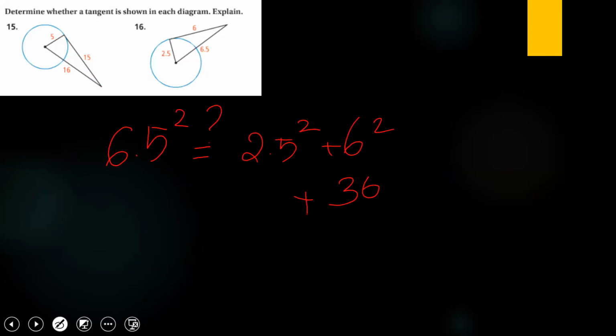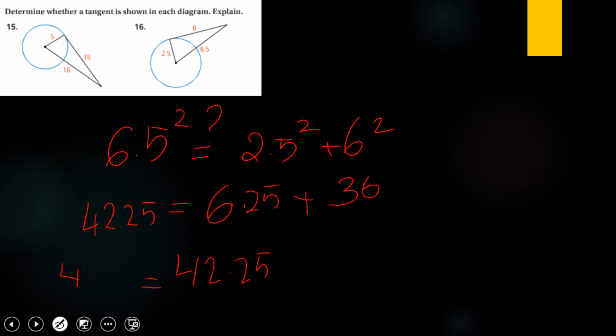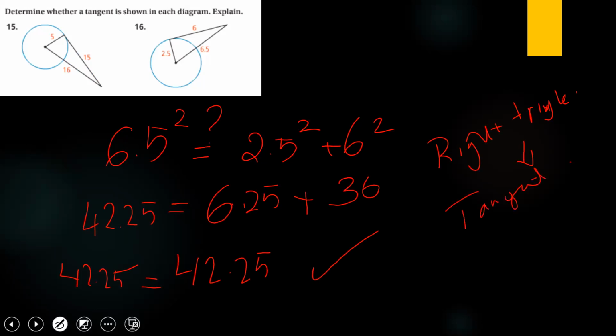You check them. 6.5 squared is 42.25. If you add them, you will get the same answer. So this is a right triangle, so there's a tangent line. This tangent line is perpendicular to a radius. And teacher, the tangent is 6 pi.